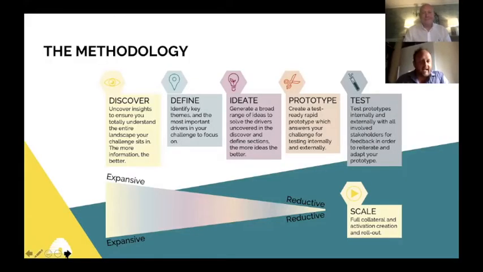And it is a 5-stage method. It may be familiar to some of you. Let's call it a 5+1 stage method. It consists of those 5 stages you see in front of you: discover, define, ideate, prototype, and test. It is founded on design thinking, which was developed by IDEO.